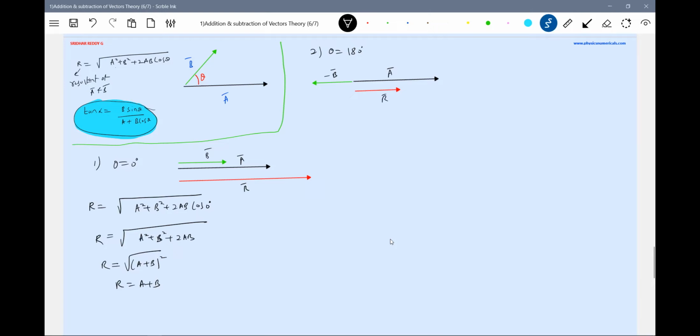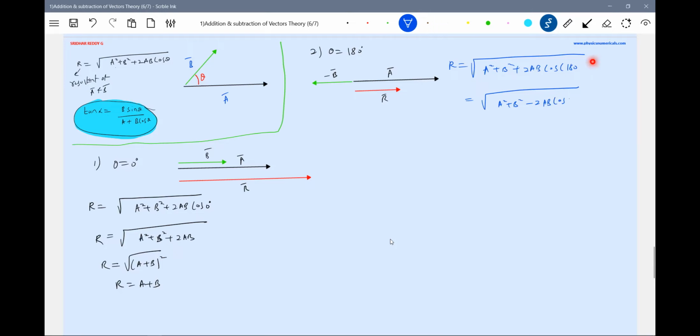So then the formula will go like this. R equal to root of A square plus B square plus 2AB cos theta, with theta 180.